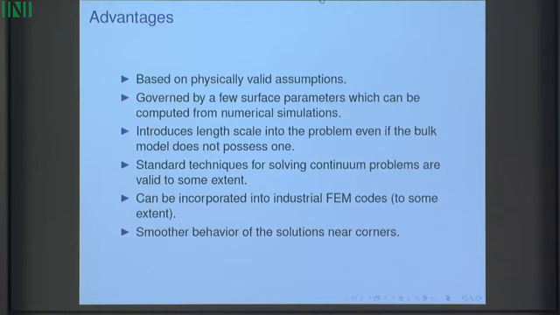So it's computationally easier in many ways, and it shows some promising results. It's based on physically valid assumptions. It's governed by a relatively small number of parameters, unlike some other things; for instance, process zones have a lot more parameters attached to them. Here there are typically just a few parameters which your surface energy depends on.